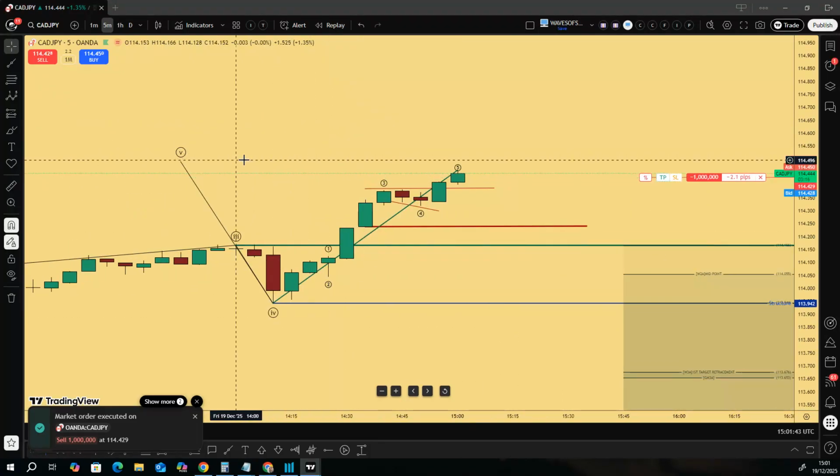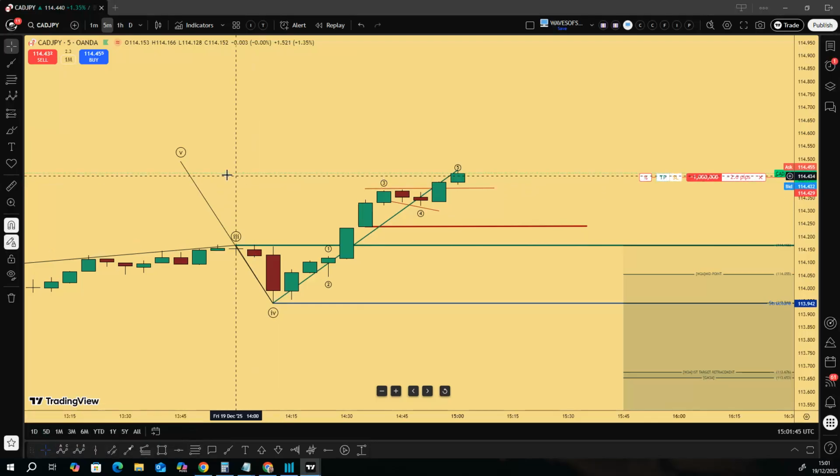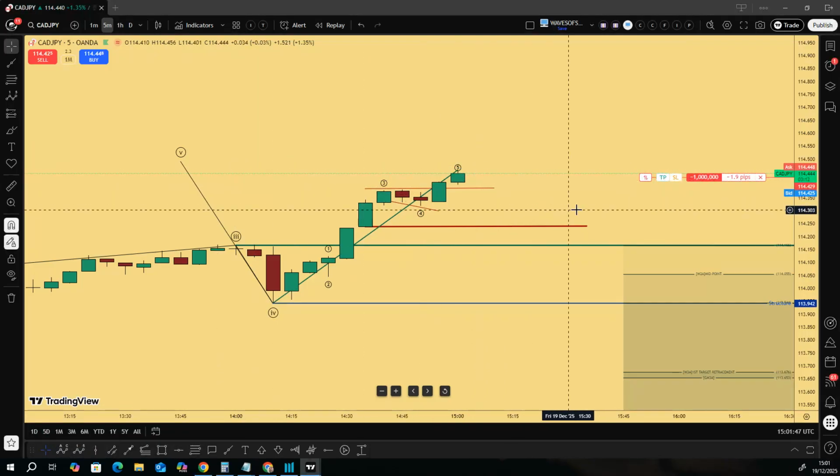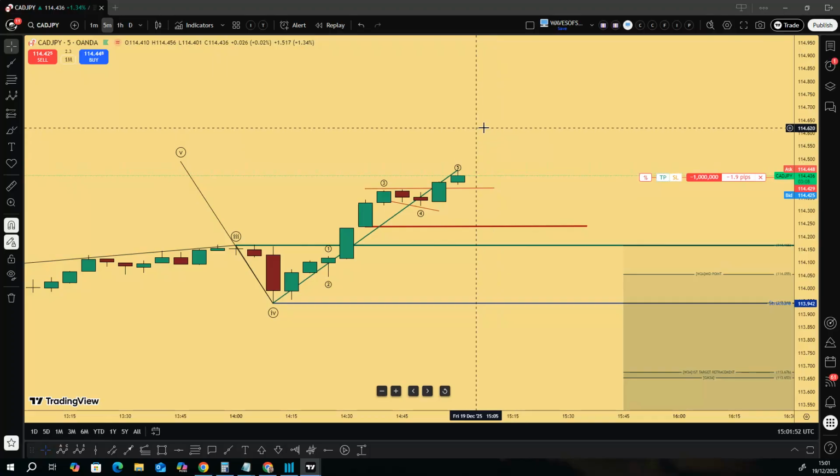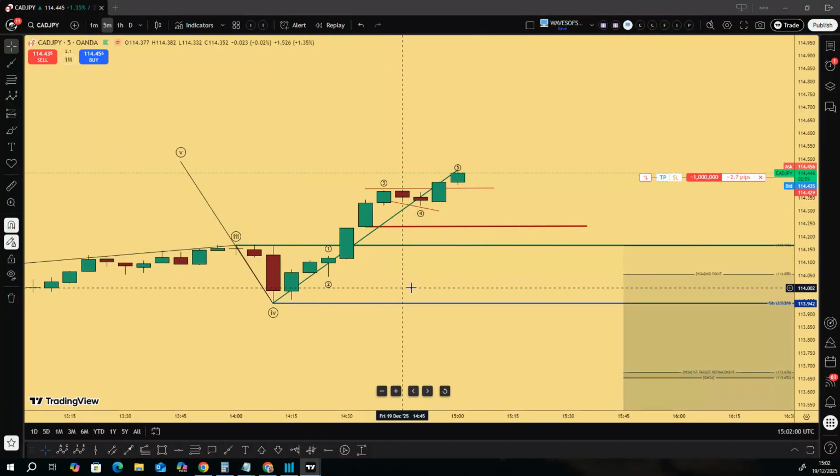Obviously what we are doing here, you have to understand that price, to frame our words properly, carries information.